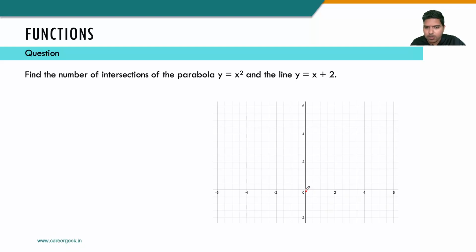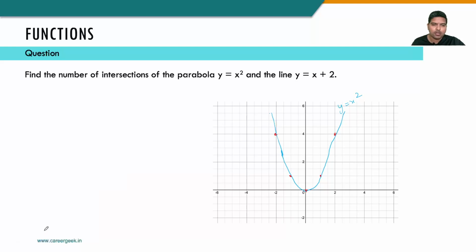So we have (0, 0), (1, 1), (-1, 1), (2, 4), (-2, 4). Okay, so this is the graph of y equals x square. Something like this. It's a continuous graph. This is y equals x square.